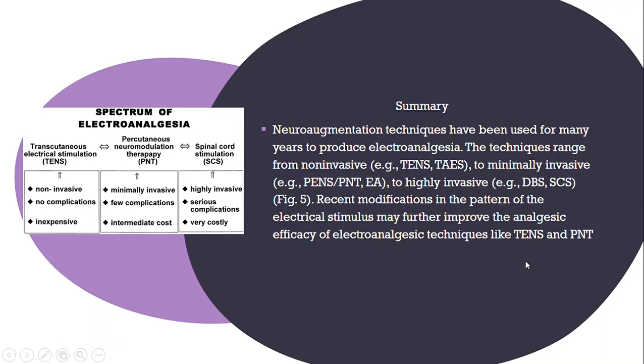Recent modifications in the electrical stimulus may further improve the analgesic efficacy of electroanalgesic techniques like TENS and PNT. And here we can see the comparison between the 3 main types of electroanalgesia. Some of them are inexpensive, some are of intermediate cost, and the other ones are very costly. Some are very invasive, some are not, and so on.